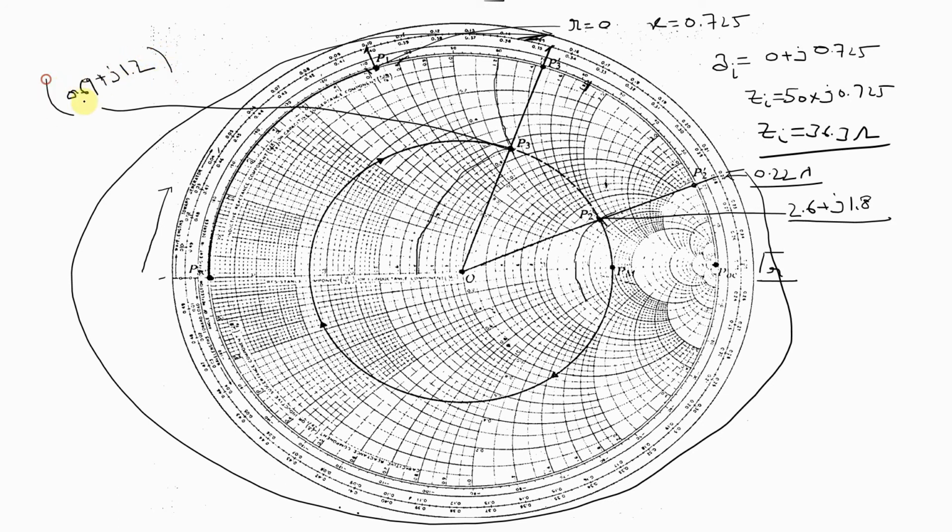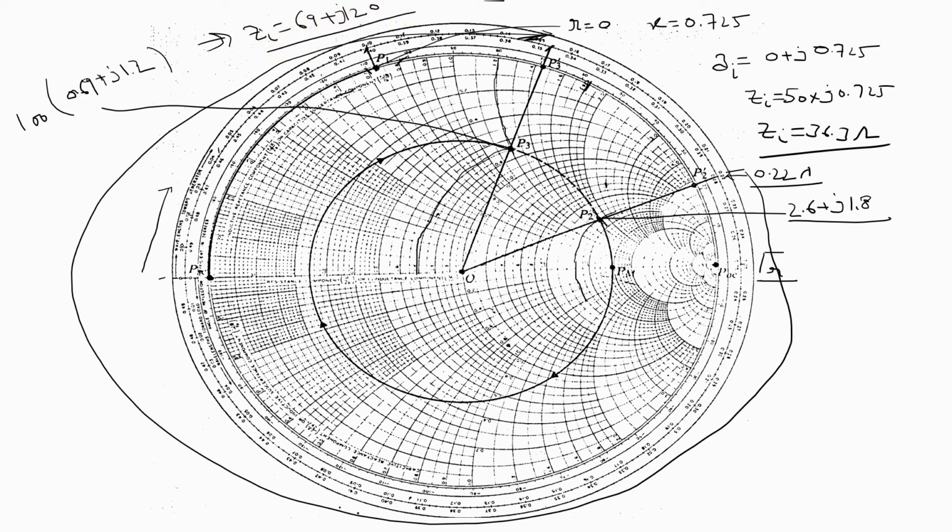If you need to find the actual value, you have to multiply with 100. So it will give us the input impedance. Input impedance will have a value 69 plus J 120. This is the input impedance.